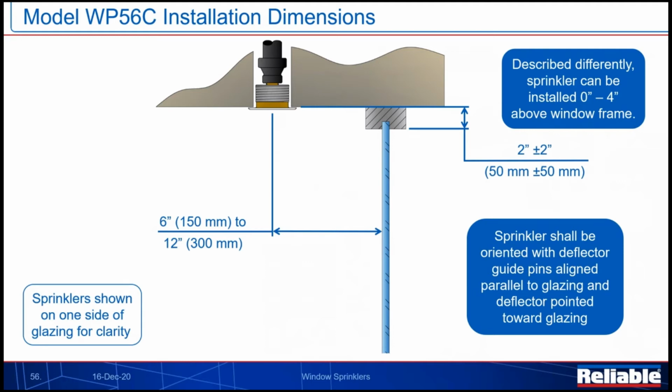So big differences with this sprinkler position-wise. Sort of helps you understand why maybe the 10-foot listing comes into play, because it's harder to really cover the surface of glazing material when your sprinkler is 4 inches above the glazing material. So spacing them closer helps us get that coverage of the glazing that we need.